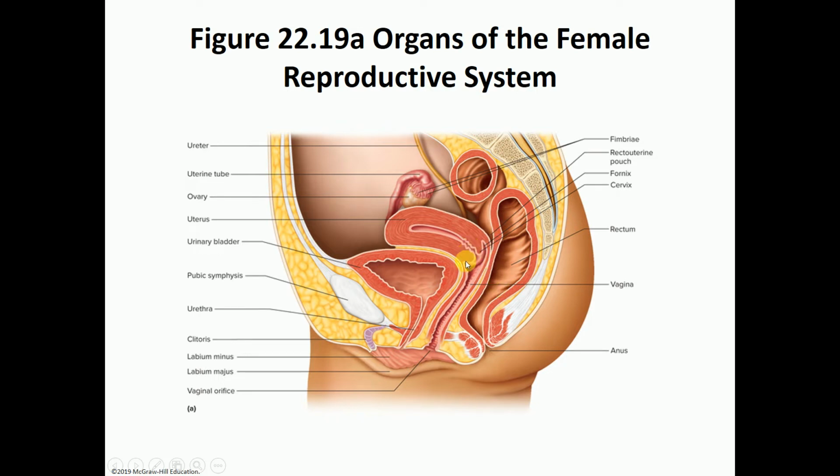The exit or the lower part of the uterus is known as the cervix. That is found in the upper part of the vagina. And the vagina is behind or posterior to the bladder and posterior to the urethra. And there is the vaginal orifice, and you can also see the labia majora and the labia minora.